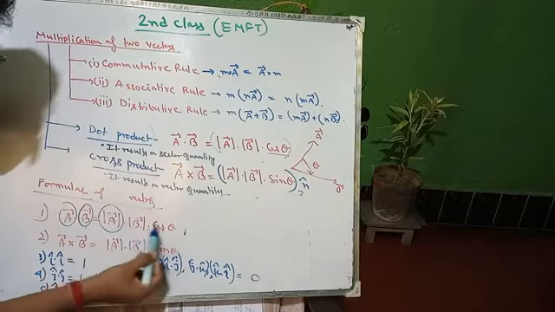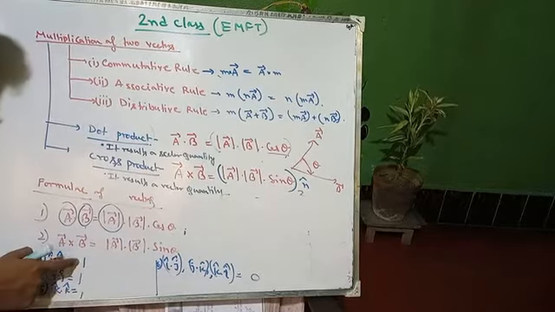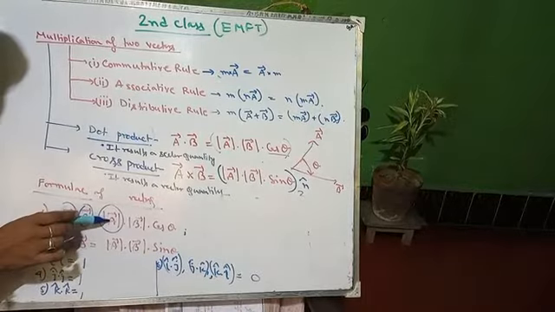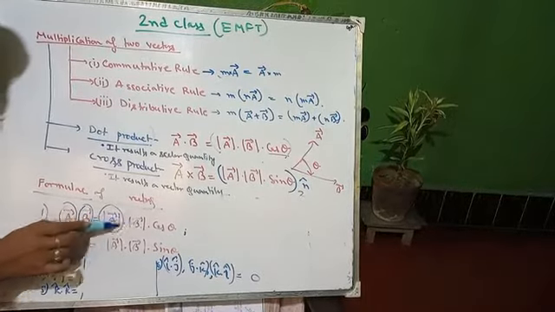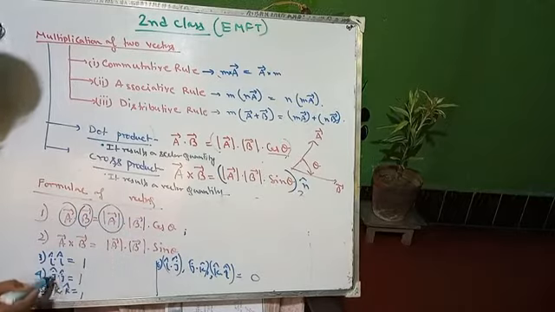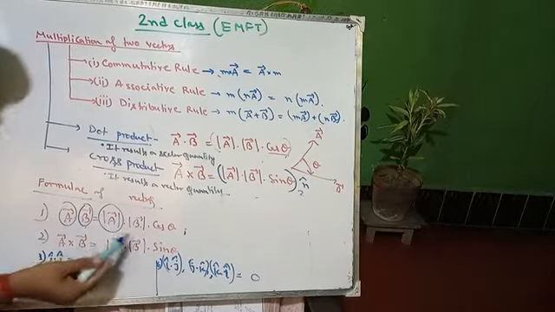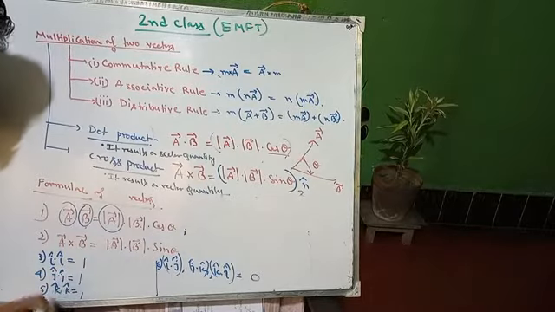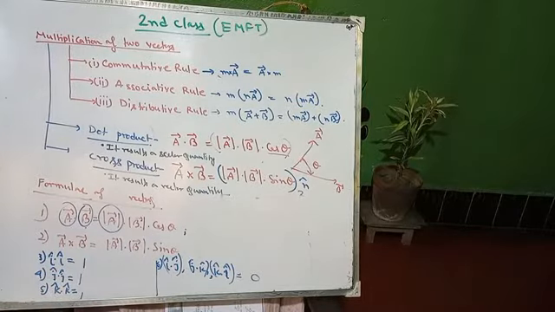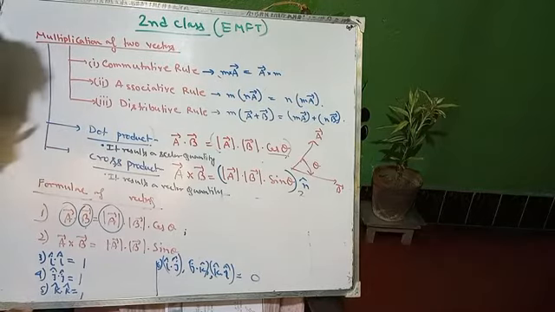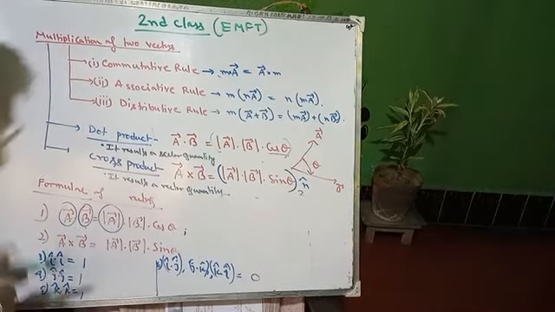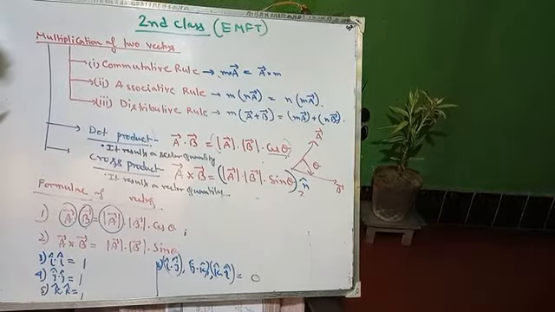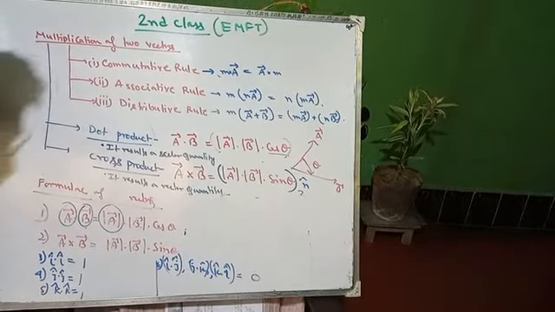So 1 into 1 into 1 gives 1. Similarly j dot j is modulus of j, 1 into 1, and the angle between j and j is 0 degrees, so again 1. Similarly k dot k equals 1. So always remember, the dot product of two similar or same vectors is equal to 1.